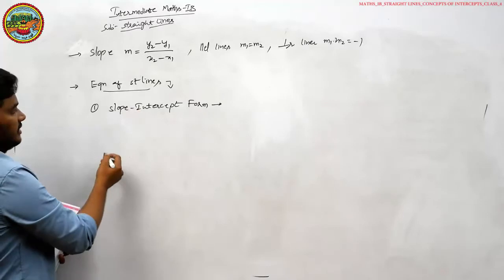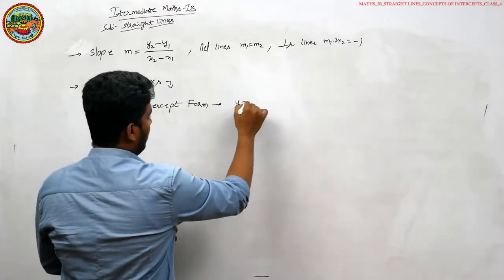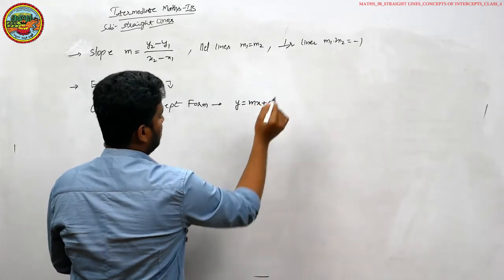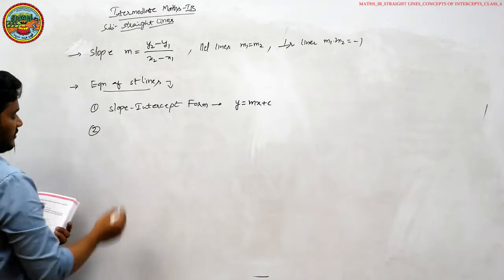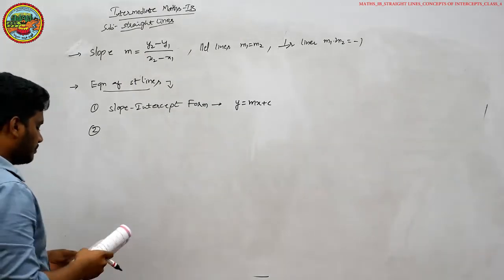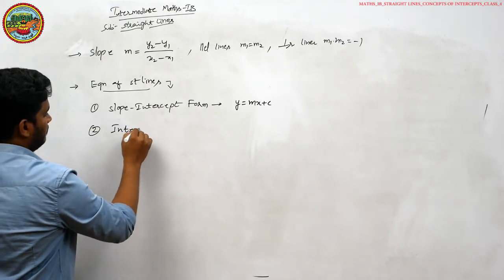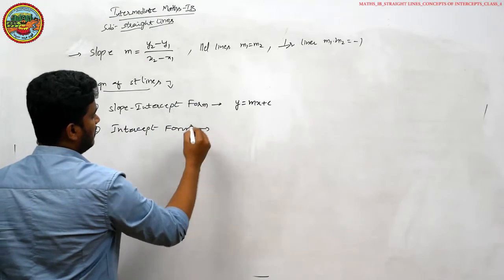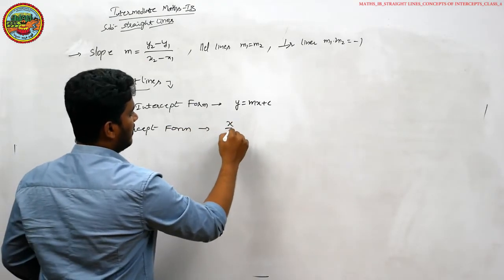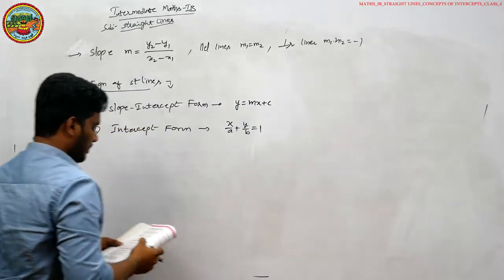The equations of straight lines: the first one is slope intercept form, given by y is equal to mx plus c. Next, the equation of a straight line using intercept form is given by x by a plus y by b is equal to 1.